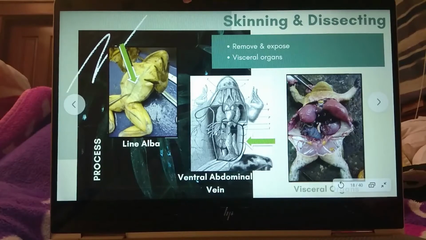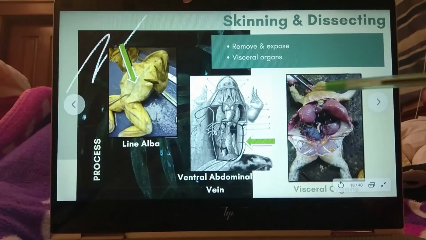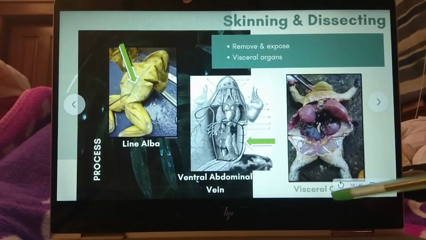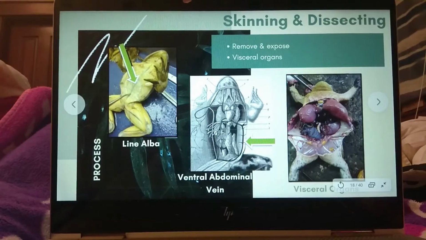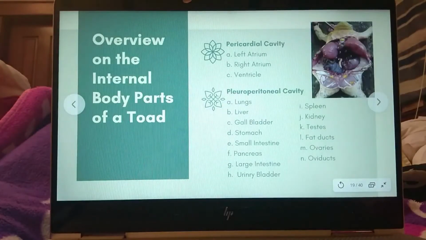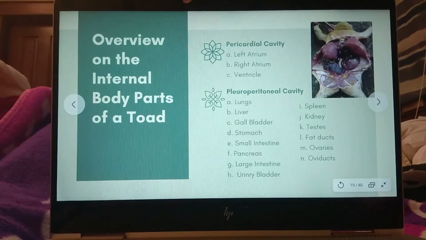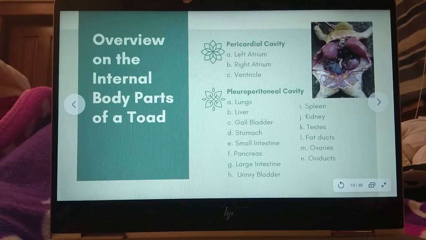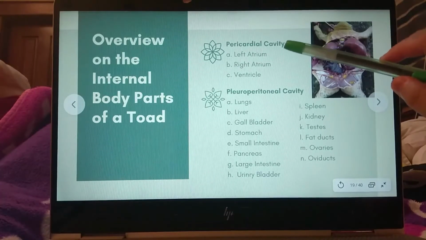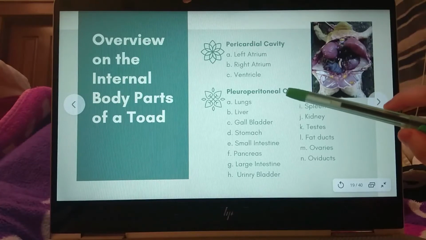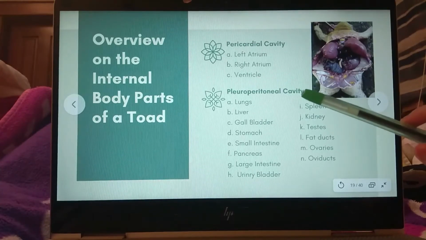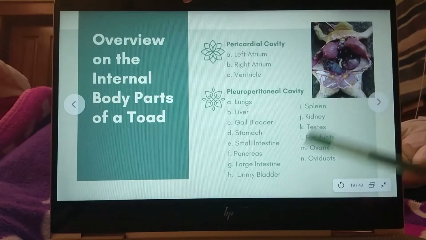So finally, after this process, we can now view the internal anatomy of the toad, and we would be able to see the visceral organs. After that, we would be able to find the pericardial cavity and the pleuroperitoneal cavity. In this video, we'll be looking at the different parts.